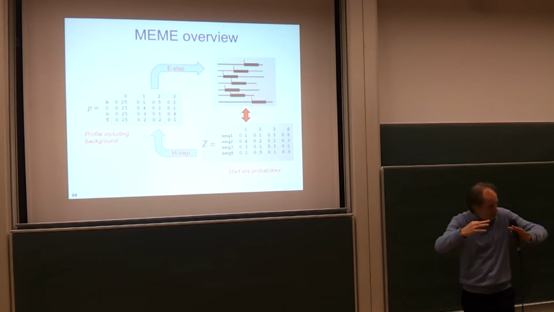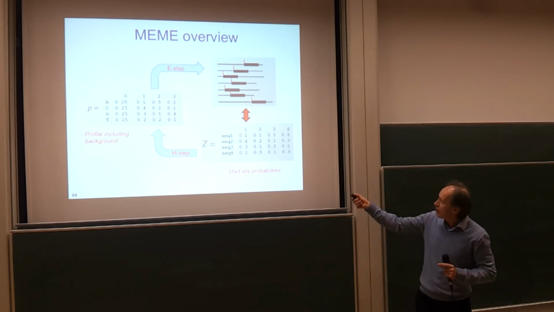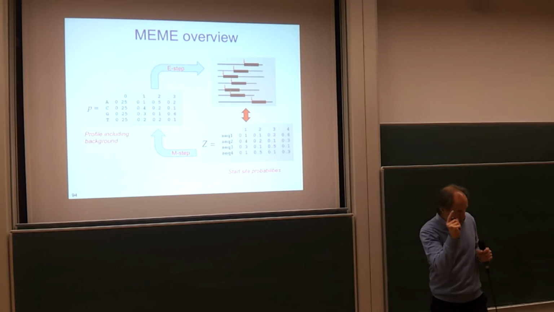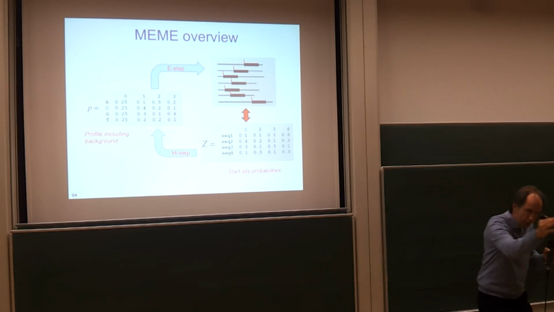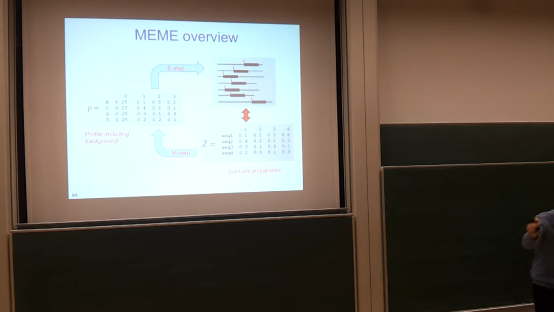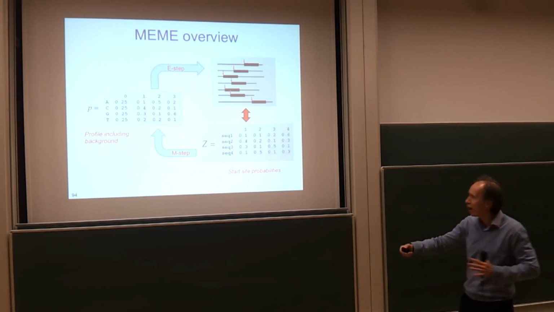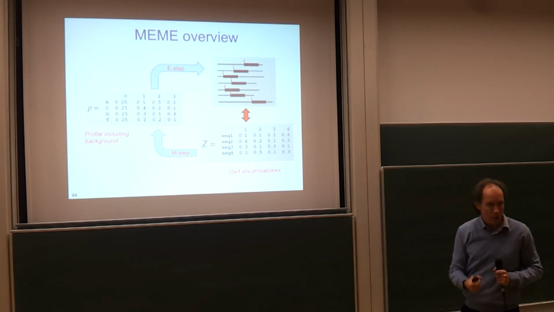So the chance is distributed. It seems to say it's that exact size, but MEME is doing it in a fuzzy way. All these probabilities of any start site, this is really good, this is reasonable, this is not so good, are used to get to a final idea of what the best motif is.